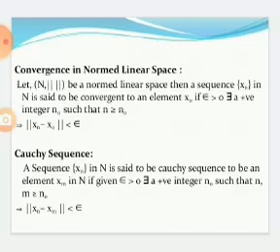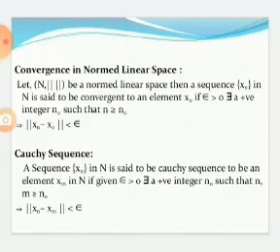So that is the next definition, Cauchy sequence. A sequence x_n in capital N is said to be Cauchy if, given epsilon greater than 0, there exists an n naught such that m is greater than or equal to n naught implies norm x_n minus x_m is less than epsilon. Already we discussed that every normed linear space satisfies the Cauchy sequence definition. What is the difference between convergent and Cauchy?